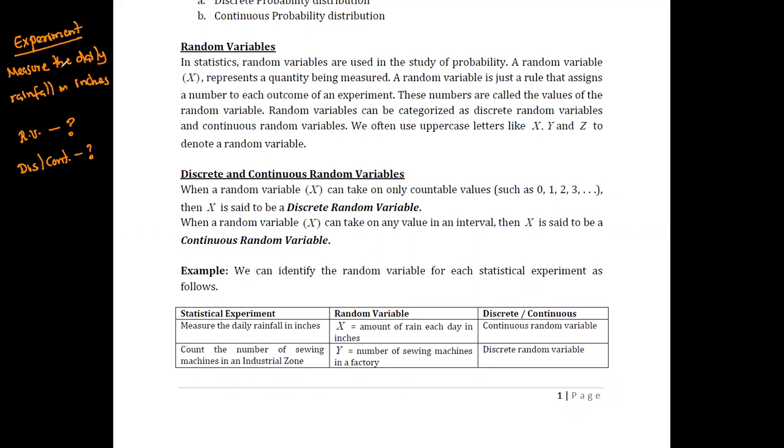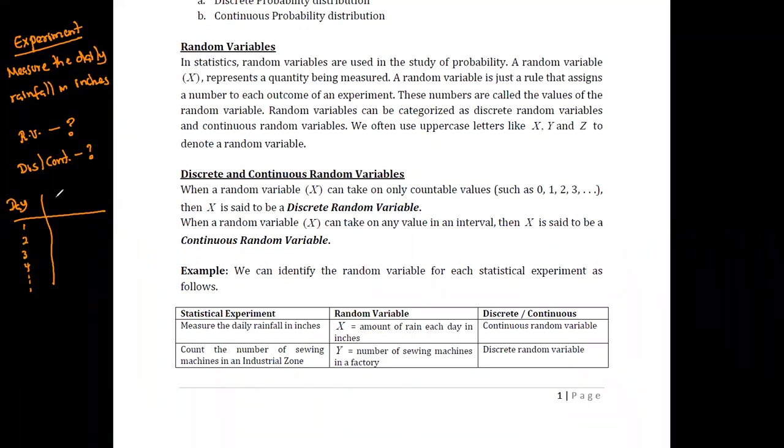If this is measuring the daily rainfall in inches, then we can have x. If you are naming the random variable using the letter x, then this can be the amount of rain each day in inches. If you are measuring the daily rainfall, then you may have day 1, 2, 3, 4, likewise.